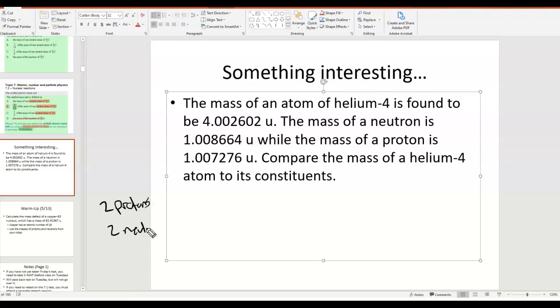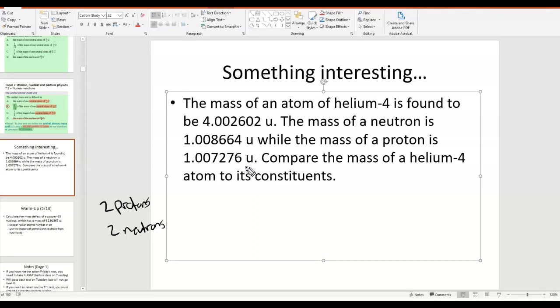And I'm just going to state this as a fact without any explanation. But if you compare the mass of a helium-4 atom to the mass of 2 protons plus the mass of 2 neutrons, these 2 numbers are not the same.